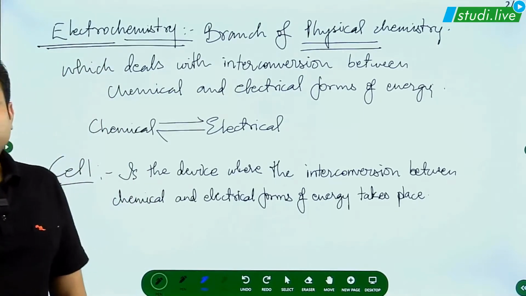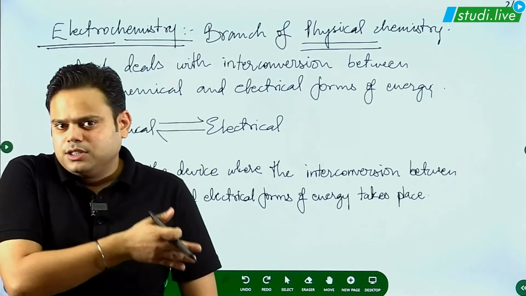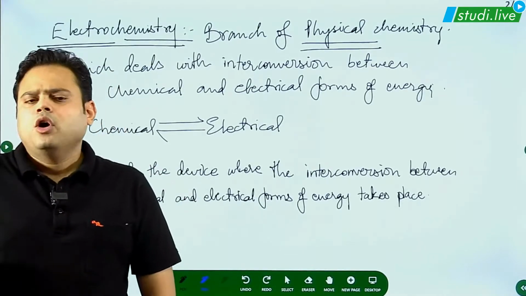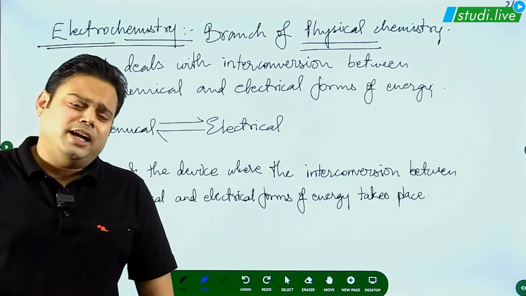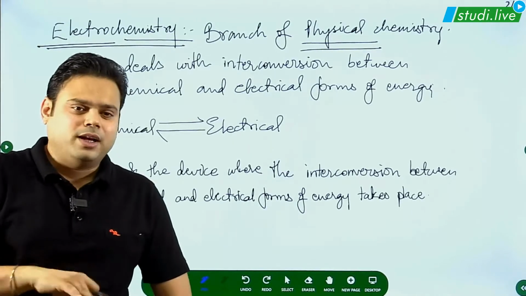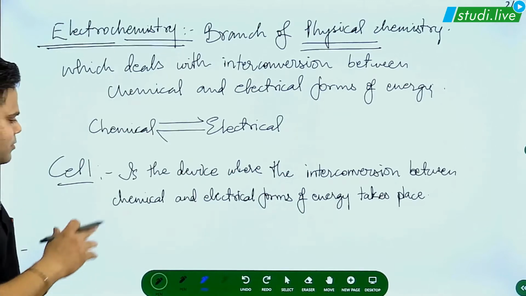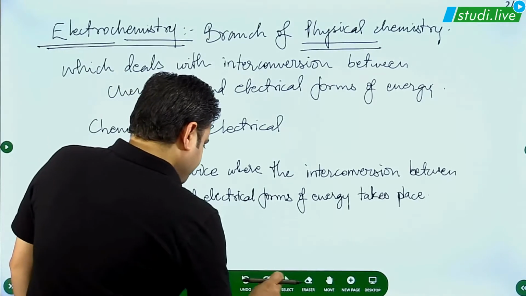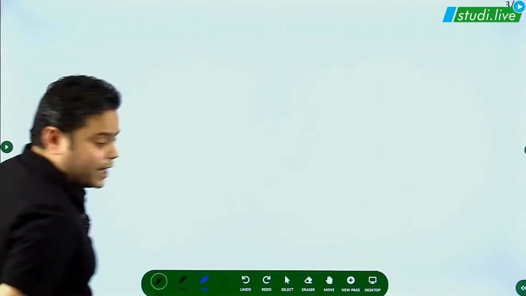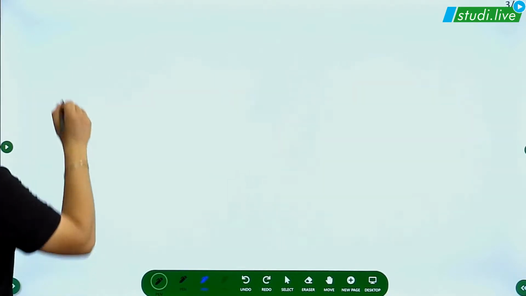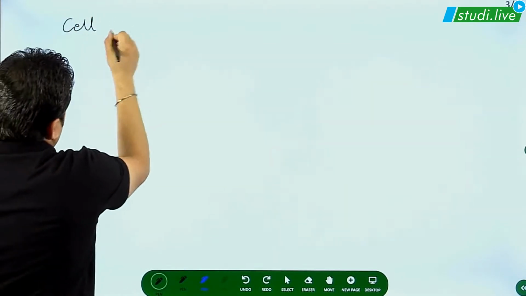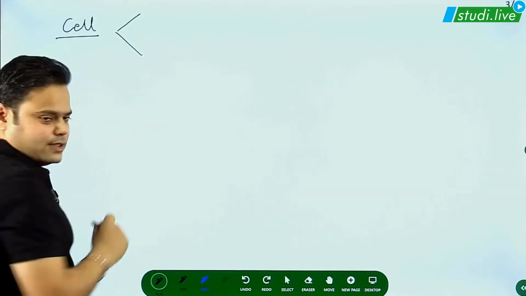Now, cell will do what? Cell will convert chemical energy into electrical energy, or it will convert electrical energy into chemical energy. That is what we are going to see ahead. Now I hope this is clear to everyone. Let us go further. Now every cell has two components.